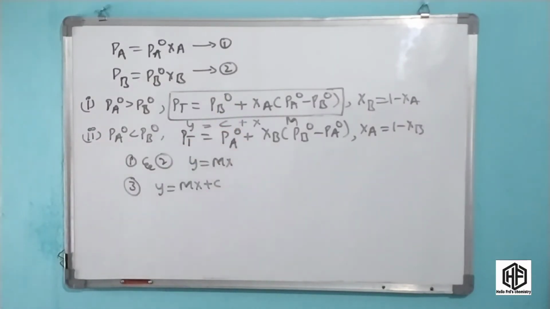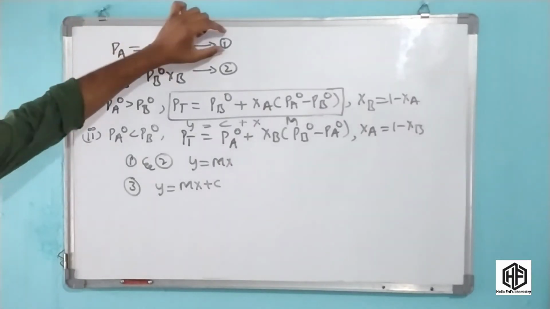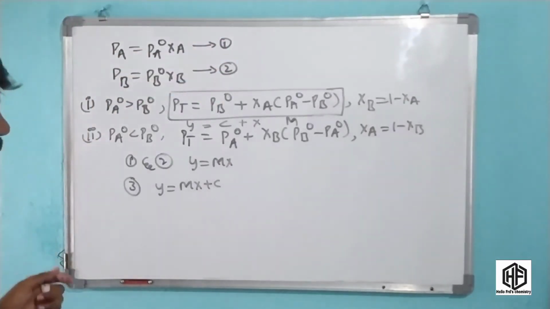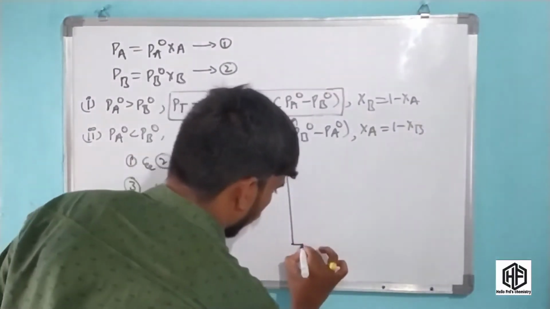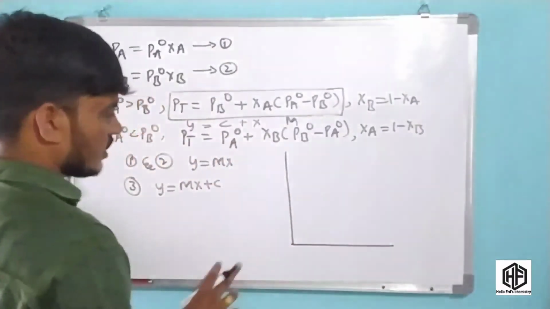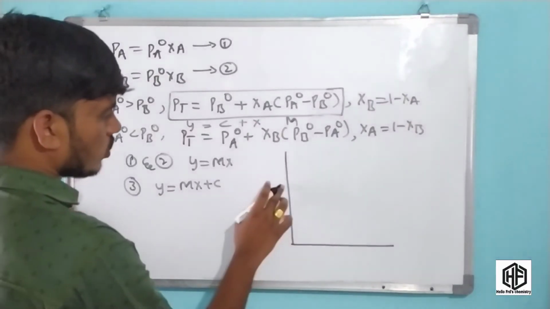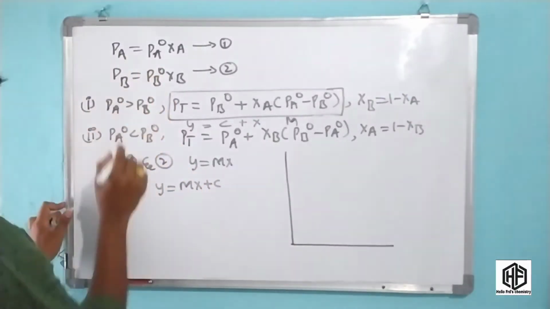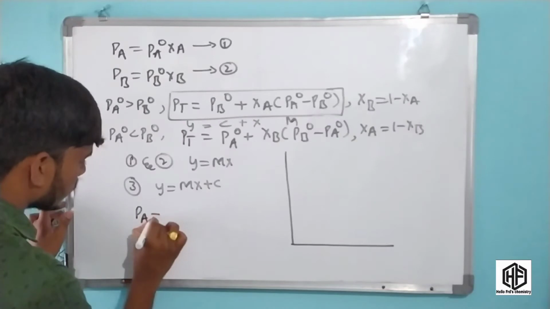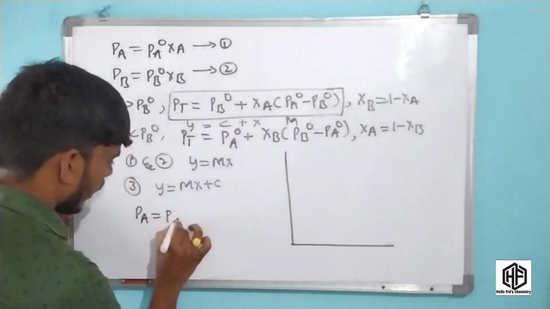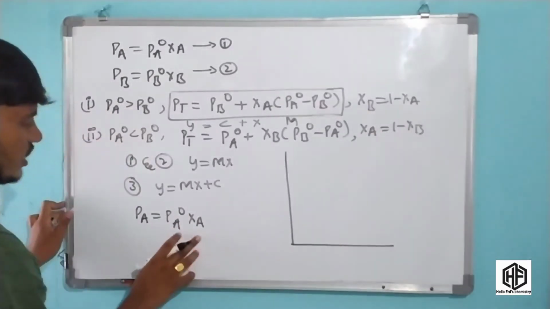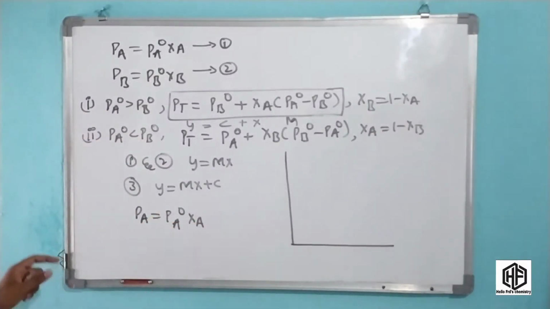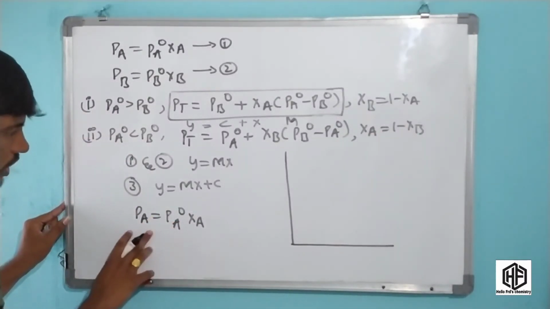Okay, friends. Now I am going to represent the graph of equations 1, 2 and 3. First of all, I am going to discuss the x-axis and y-axis. The first equation is PA is equal to PA naught into zeta A, and I represent this equation on the graph. PA is equal to PA naught zeta A means y is equal to mx.